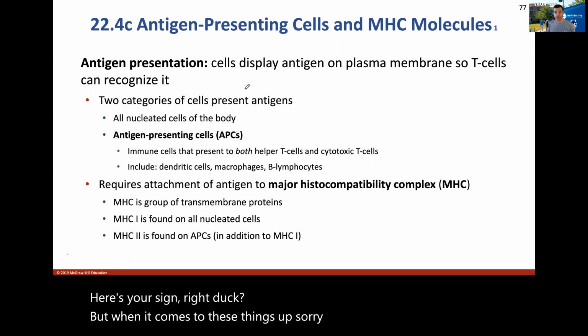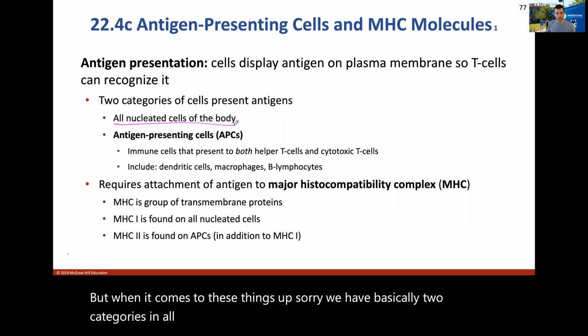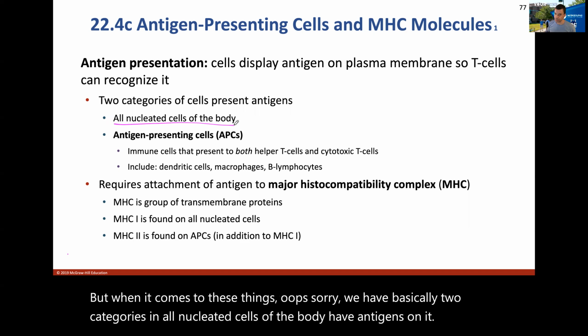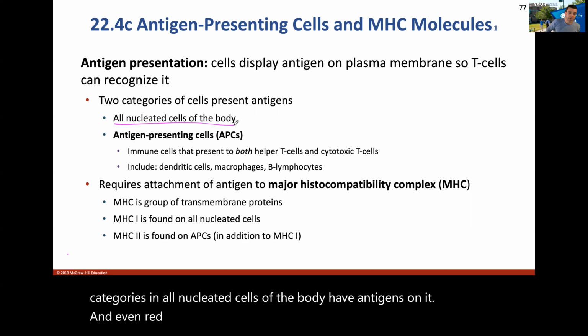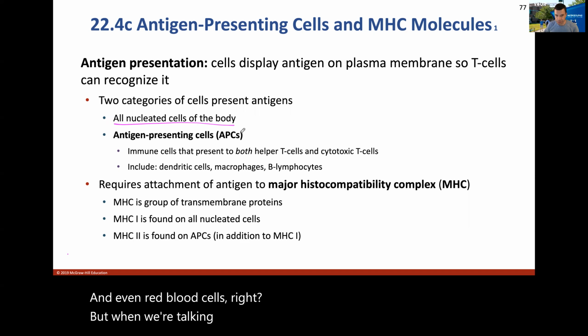We have basically two categories, and all nucleated cells of the body have antigens on them, and even red blood cells, right? But when we're talking about immune cells, we are talking about antigen presenting cells.